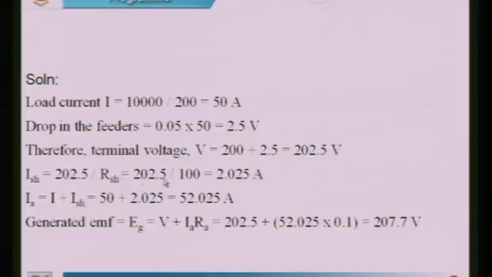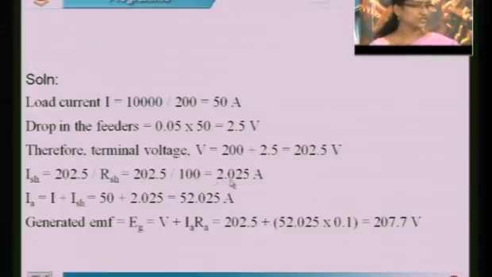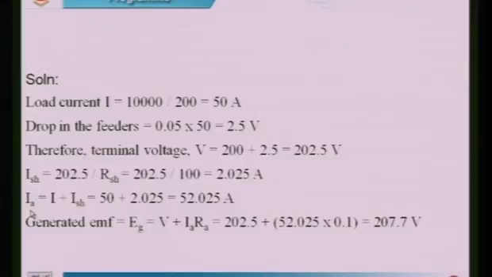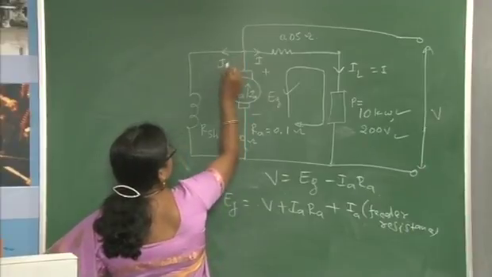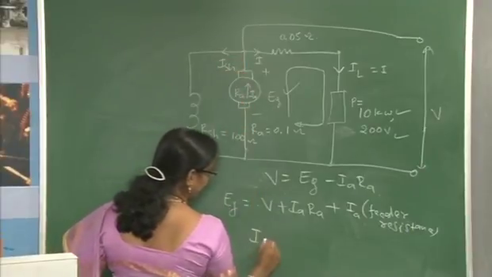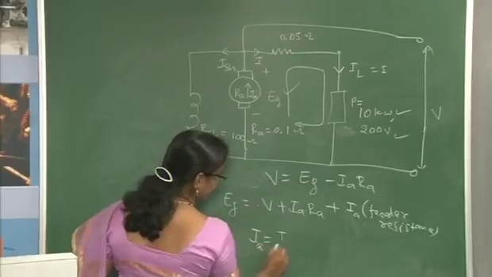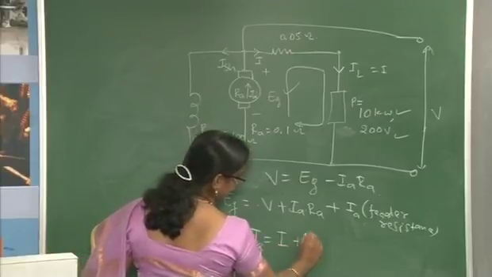This is equal to 202.5 divided by 100, because 100 is the shunt field resistance given in the problem. This is equal to 2.025 amps. Then we know that the armature current Ia is equal to I plus Ish.